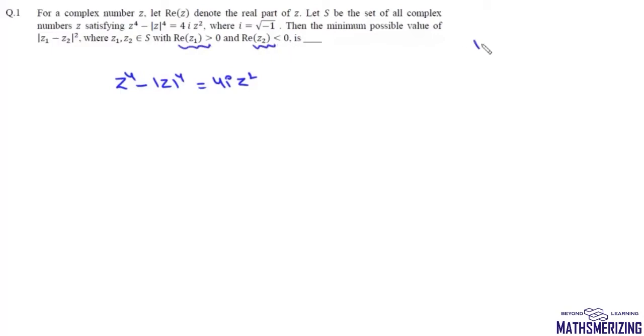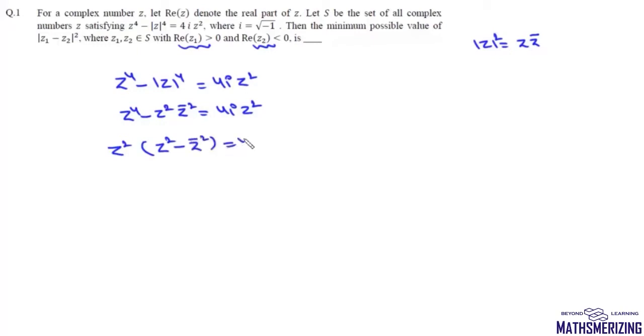Now we know that mod of z square is nothing but z into z bar, and this is perhaps the most important property of complex numbers. So we'll write mod of z to the power 4 as z square and z bar square, and it'll be equal to 4 iota z square. Now we can take z square common, so we'll get z square times (z square minus z bar square) equals 4 iota times z square.